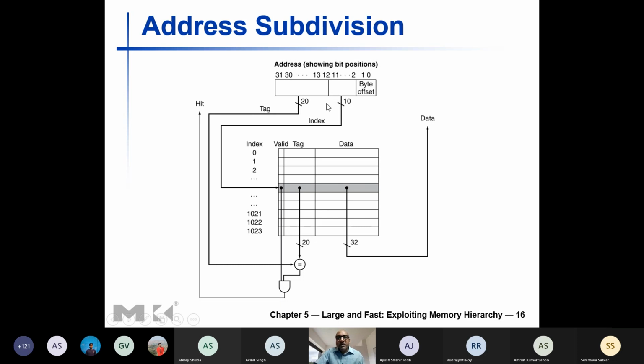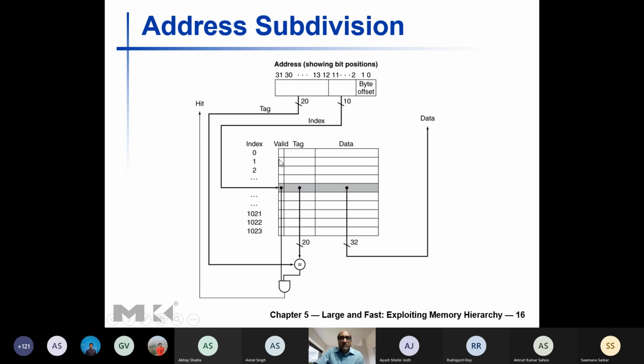In this example, we considered the size of the cache equal to 4 kilobytes. When I mention the size, the size refers to the data. It's not the total size of the cache, because the total size includes the tag bits and valid bits. When I say the size of the cache, in general we mean the cache size offered to the data, while the rest is control information required to check whether the entry is present or the desired word.